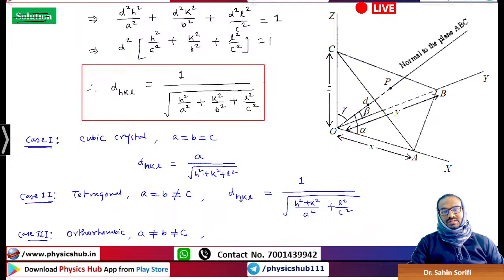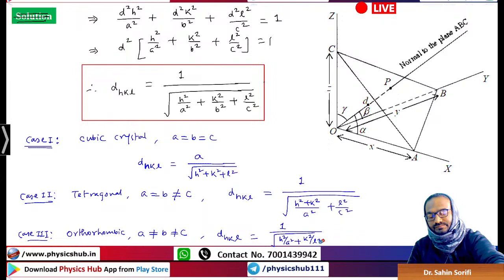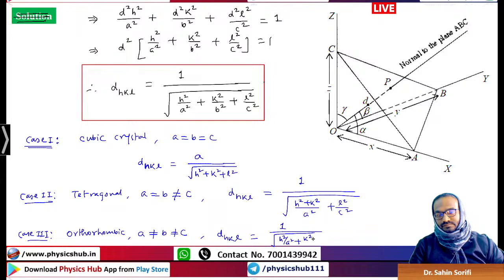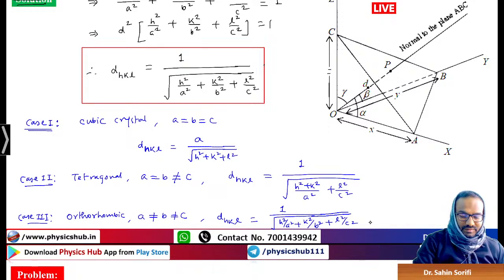So in this case there will be no change in the general formula, because a, b, c are different: h square by a square, k square by b square, plus l square by c square. So I hope you have understood this. If you have any question, you can ask.